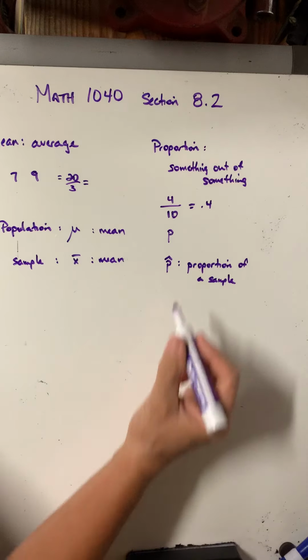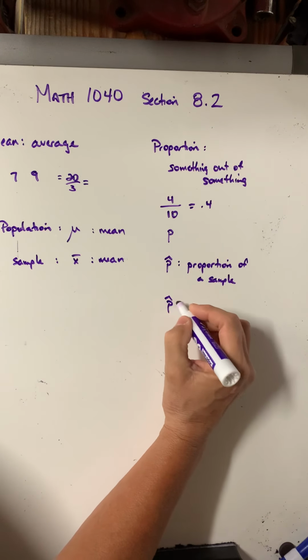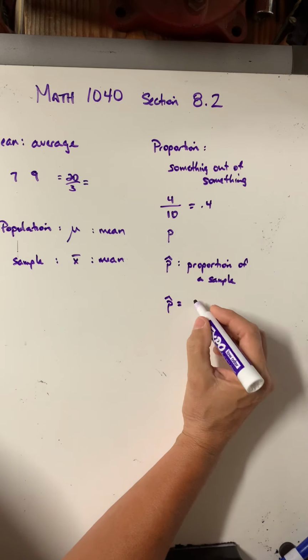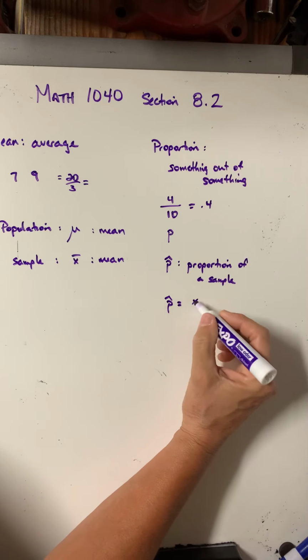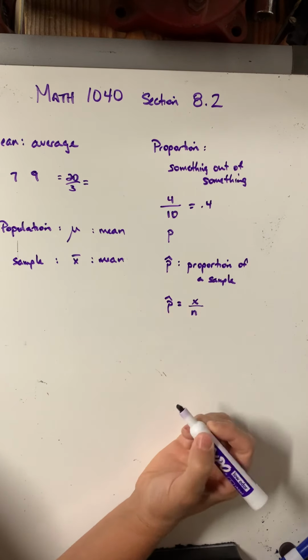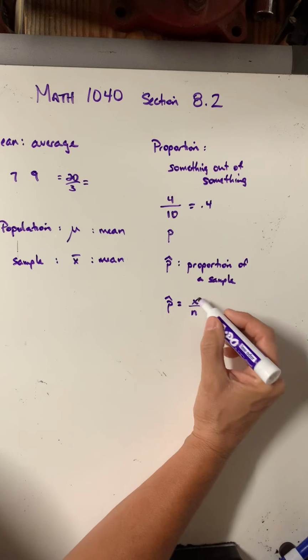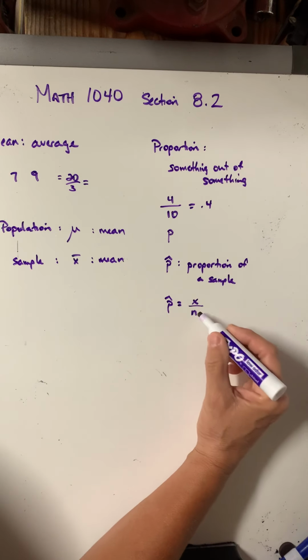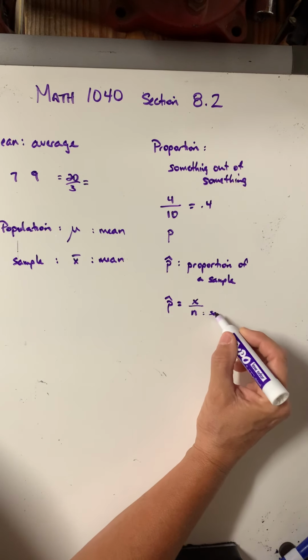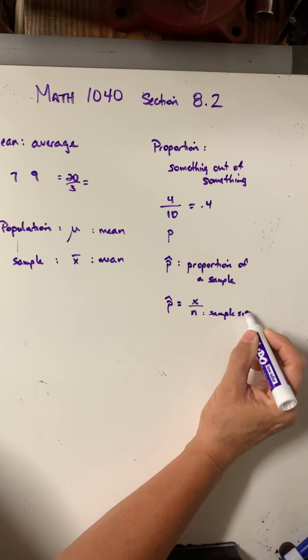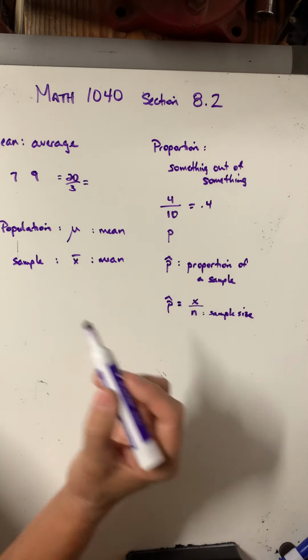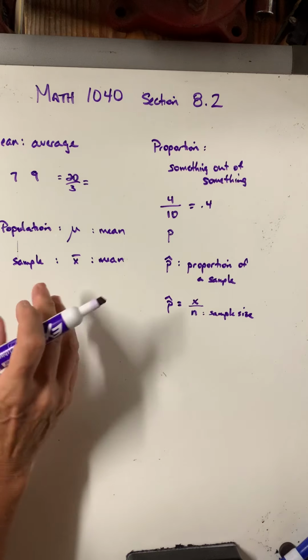Okay, so how do I find P hat? P hat would simply be the number of purple Skittles out of the total number in the bag, right? So this is the number that have that characteristic divided by n, your sample size. Okay, so mean you're very familiar with, you're just taking an average.